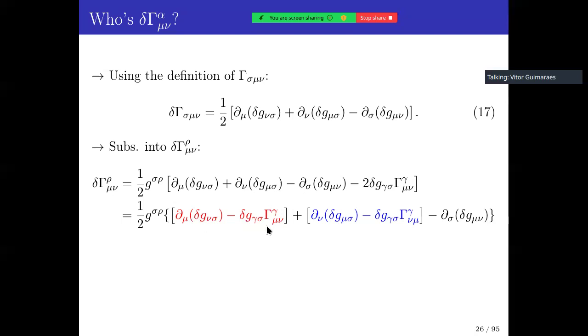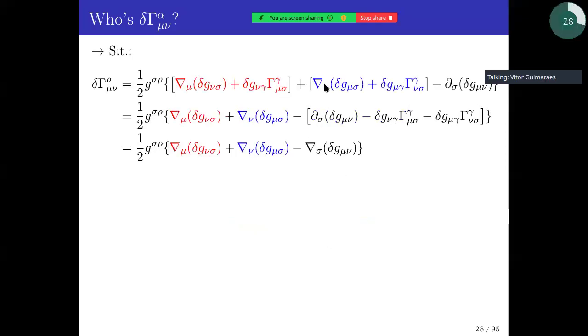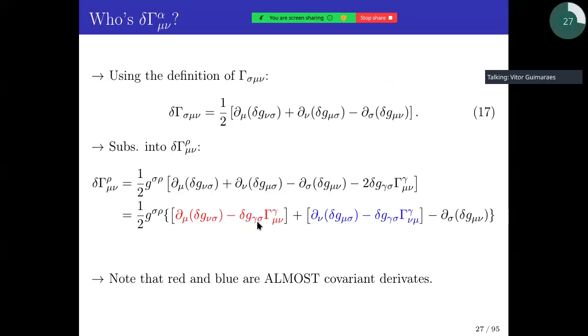So this is the covariant derivative just up to a term in the Christoffel symbols, right? So if we do this identification, this is our almost covariant derivatives, but they are not yet. So what we do is this, right? So this is the covariant derivative plus this term gets us this, okay?